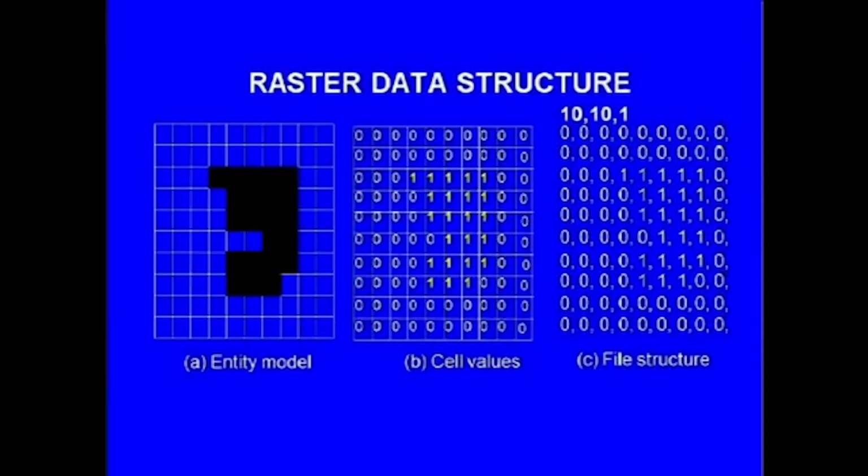So, the black polygon shown in the entity model is information which is present, and the same can now be filled up so that it has discrete values. In the next figure, the cell values corresponding to the filled polygon have been assigned a value of 1, whereas the areas where there is no information are stored as 0.